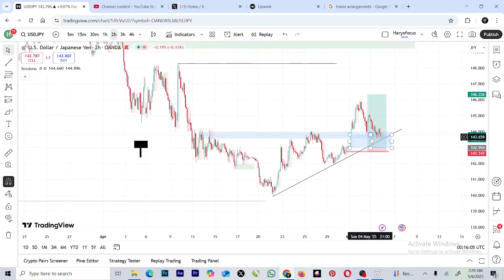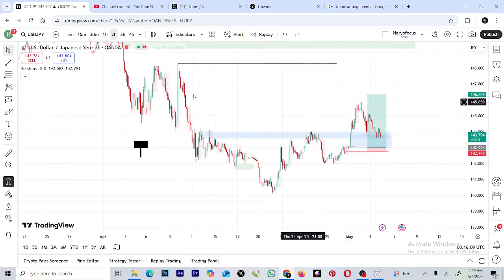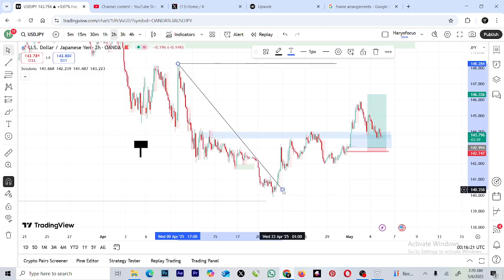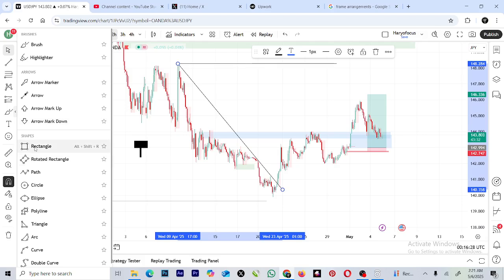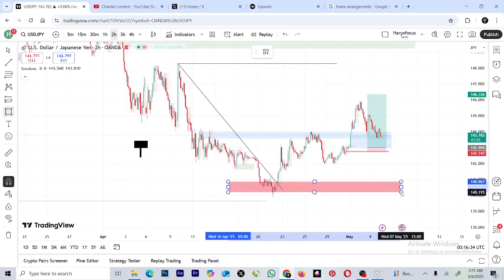The market is going in a downtrend from here to here. And once the market reaches here, it started to consolidate.